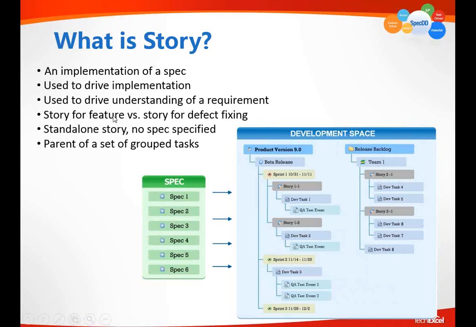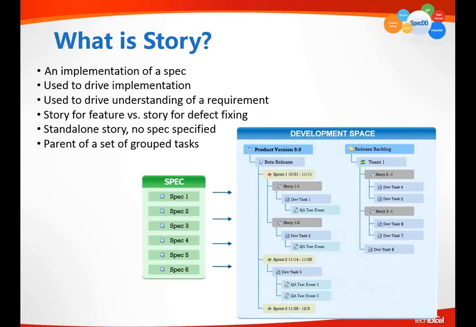So a story for a feature versus a story for defect fixing could be different. A story for a feature represents, of course, a commitment of a requirement that needs to be implemented. But what if you create a story for a defect?